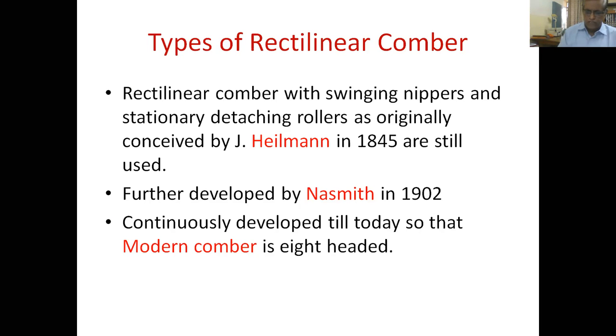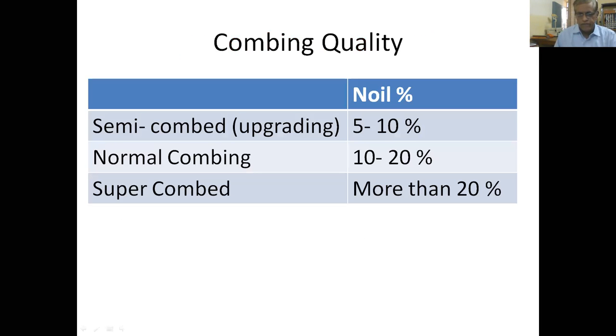At present, the modern comber is 8-headed, which means 8 laps are fed and we get 2 slivers as output. Out of 4 heads, 1 sliver is formed, and out of the other 4 heads, another sliver is formed. So there are 8 heads in the comber machine.